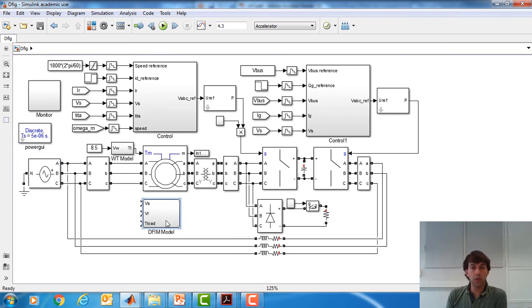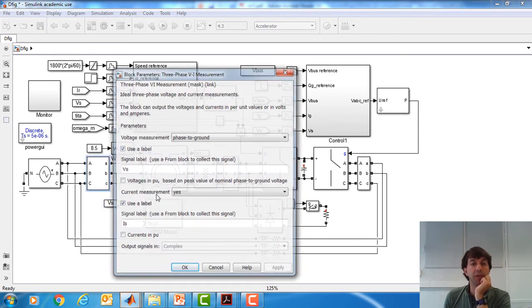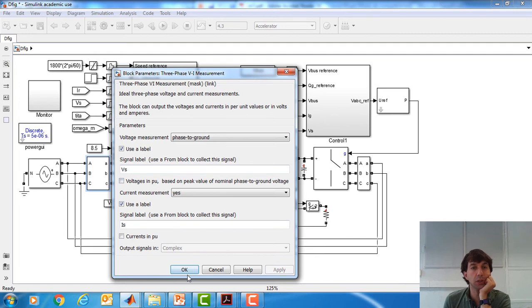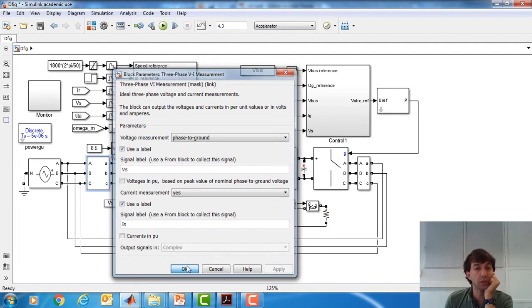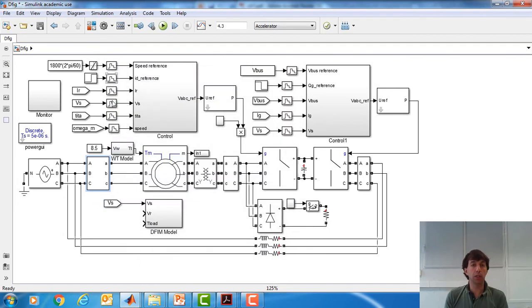Okay, so now we need a stator voltage through here. For instance, just keep in mind that was coming from this measurement. Now we don't need the zero order hold again, because this is not control. This is not going to be implemented in theory in a microprocessor or digital signal processor.